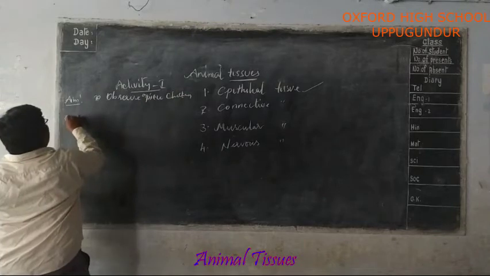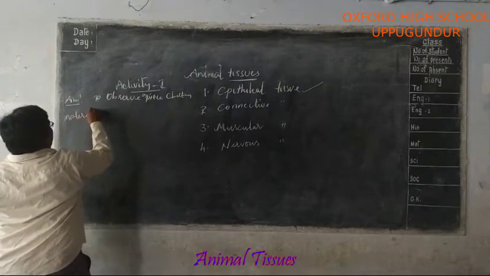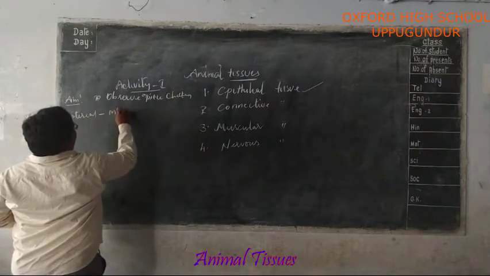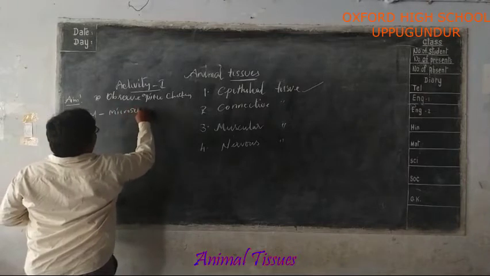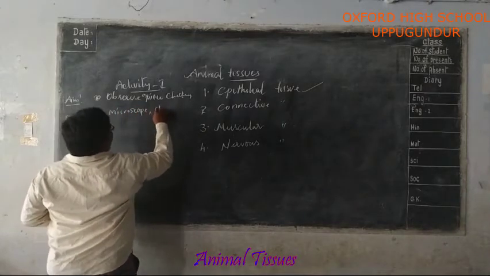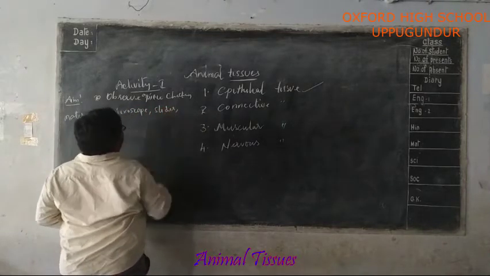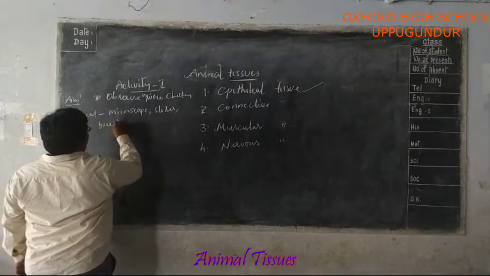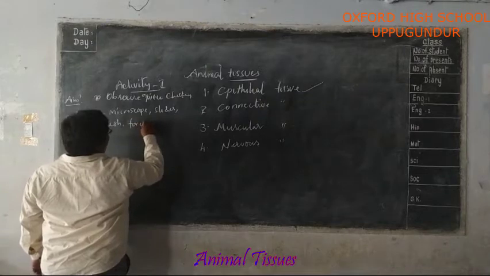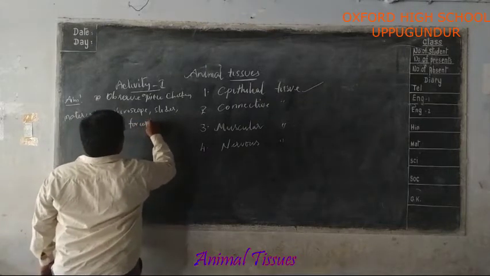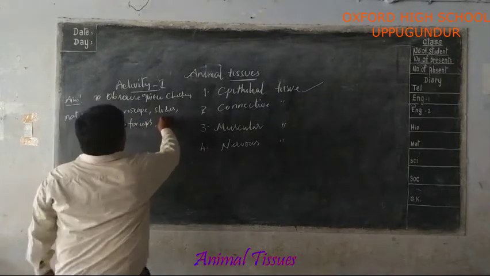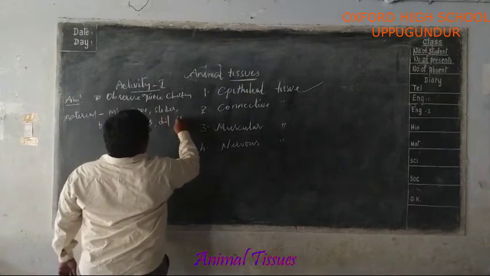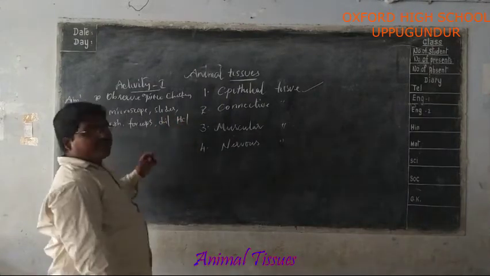The materials we require, apparatus: microscope, slide, brush, forceps, dilute hydrochloric acid. So these are the materials we require.